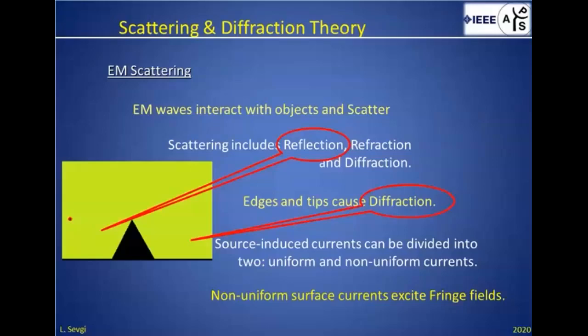They act as secondary electromagnetic sources. These source-induced currents can be divided into two: uniform currents and non-uniform currents. Non-uniform surface currents excite diffractive fields, which we also call fringe fields.